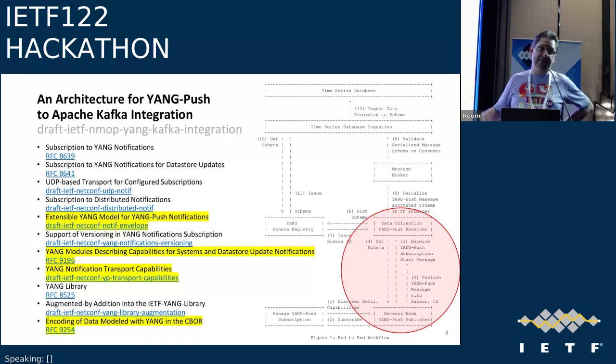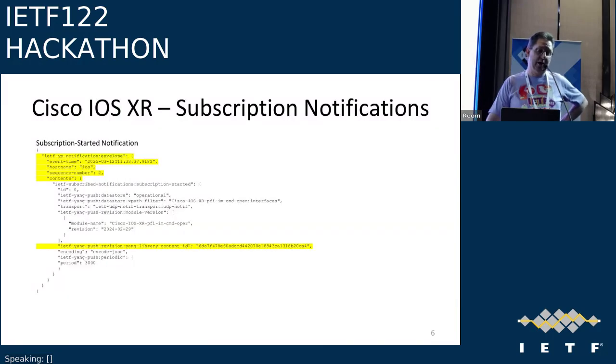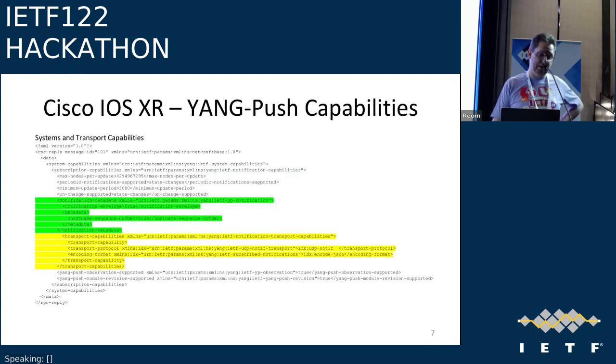The documents tie into the so-called YANG Push to Apache Kafka integration architecture, and the yellow highlighted ones are the ones we are focusing on in these test results. So on Cisco IOS XR, the notif envelope and the subscription-started notification I highlighted here in yellow.